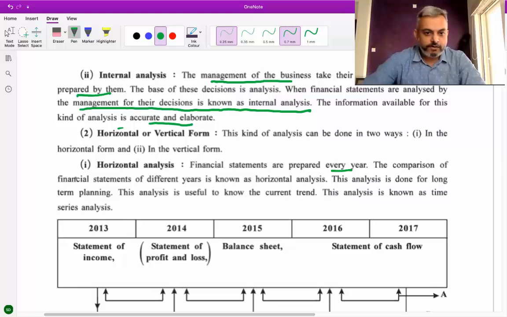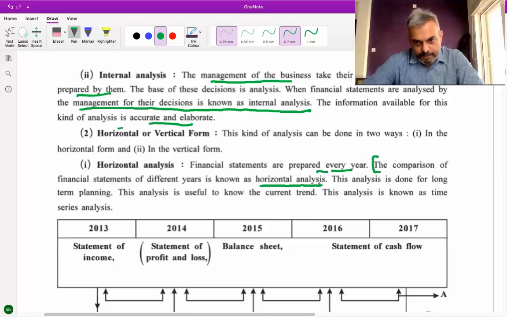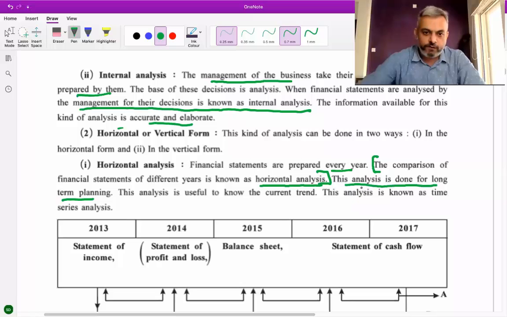The comparison of financial statements of different years is known as horizontal analysis. Please mark this, it is important. It can come as a one-sentence answer or a multiple choice question. This analysis is done for long-term planning. This is also important, please make notes for this.